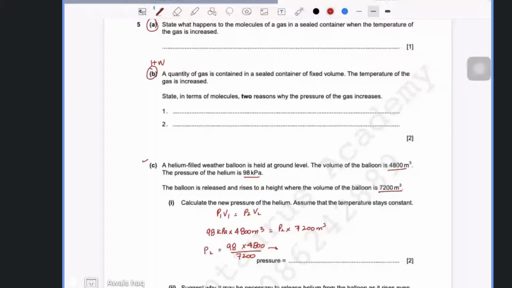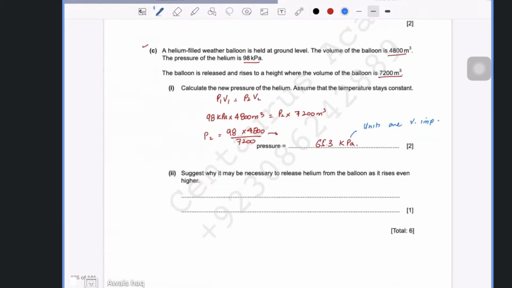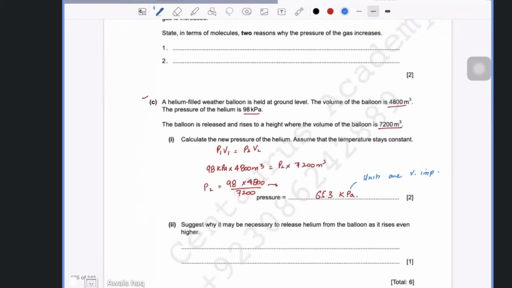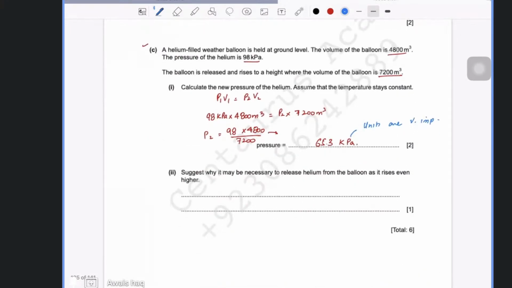65.3 kilopascals. Okay. Please do not forget units, very important. Then it says suggest why it may be necessary to release the helium from the balloon as it rises even higher. Because if you don't release it, then obviously it is going to get bigger and bigger, and then the balloon may burst.